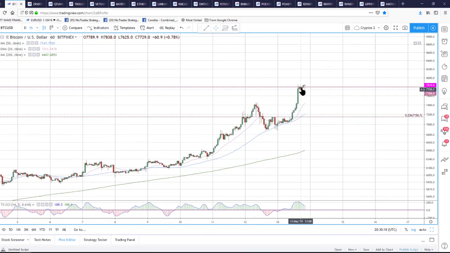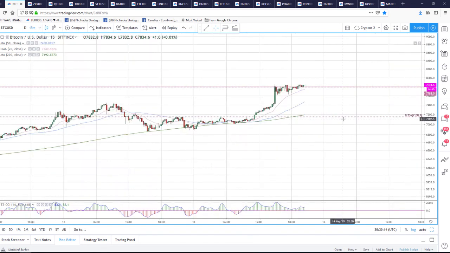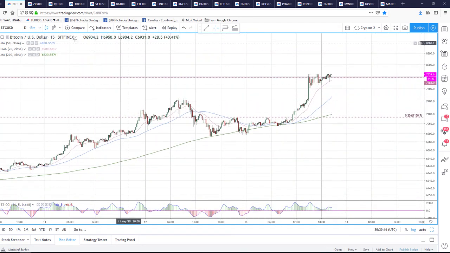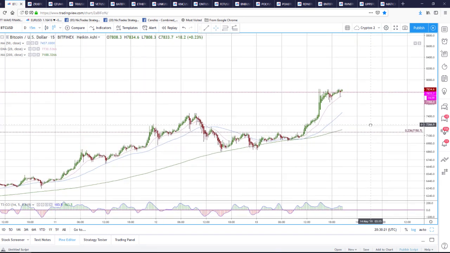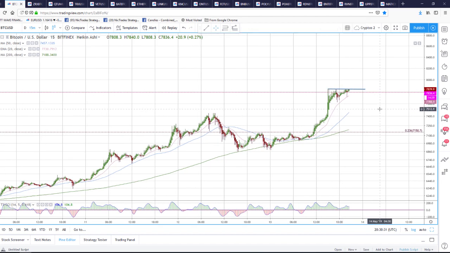Had a little cluster of consolidation here, and it looks like we're trying to go higher. Relentless, isn't it? We really do need a new high though, if we're going to go higher for sure.